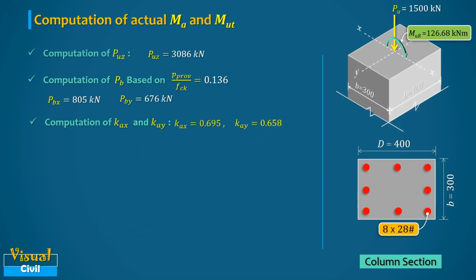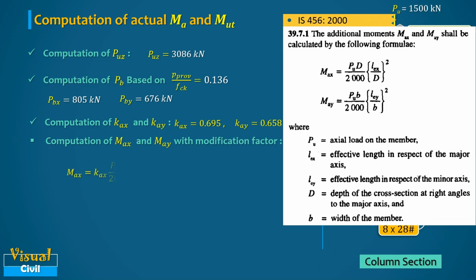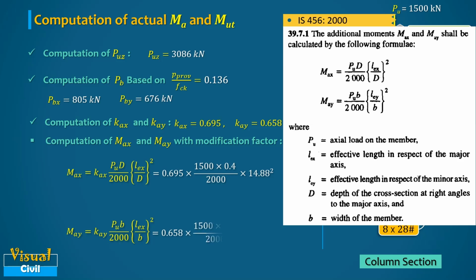Now let us recompute the additional moments Max and May with the actual values of factor k as per the expression given in clause 39.7.1. After putting all the required values in the expression and solving it, we get actual Max and May equal to 46.61 and 58.21 kilonewton meter.